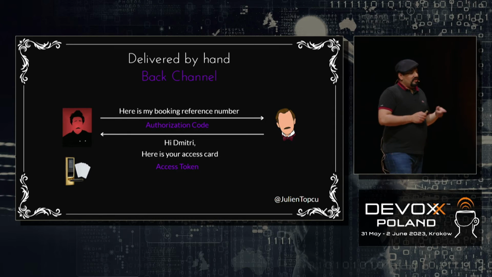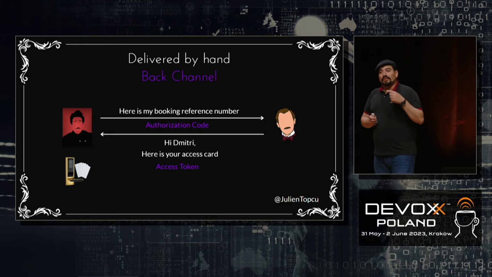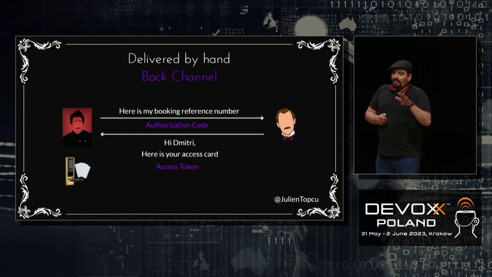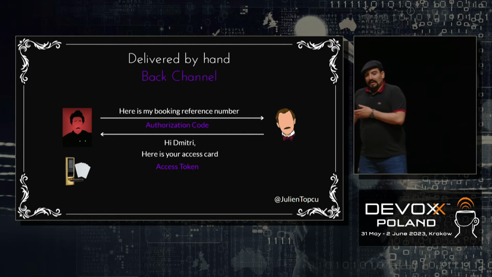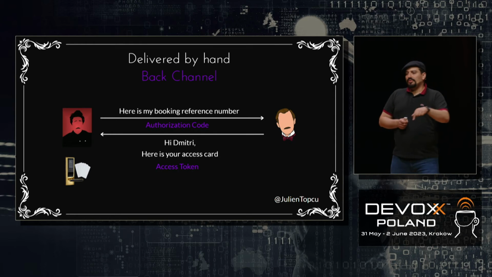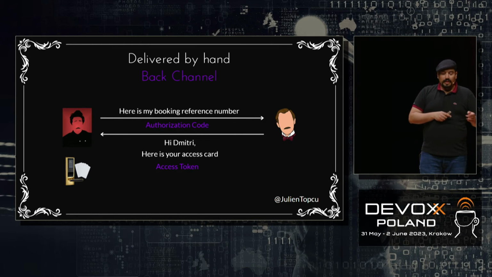Once you have exchanged the authorization code for an access token, that authorization code will no longer be usable. With that, it will avoid any squatters problem. Because if someone after that comes to the hotel and says, hey, this is my booking reference number, oh no, it has been used already. Okay, so I won't issue an access card for you. It fixes our squatter problem.